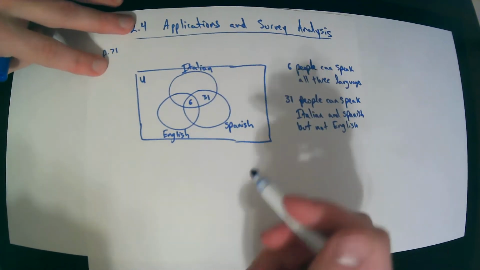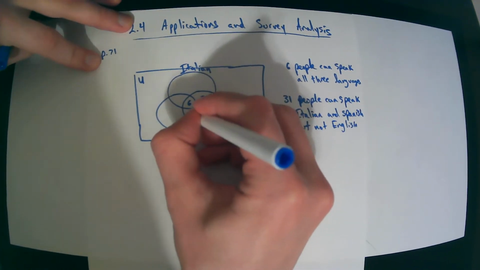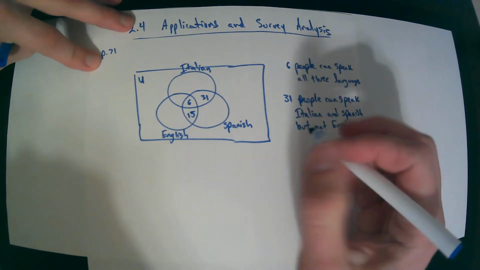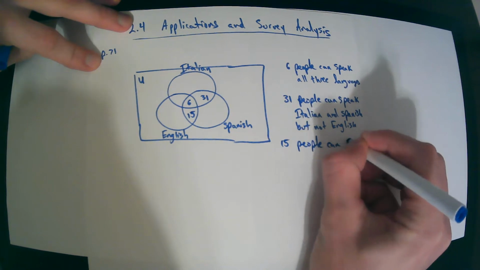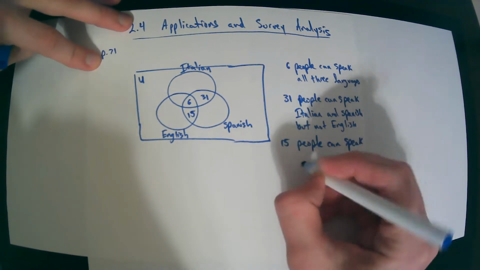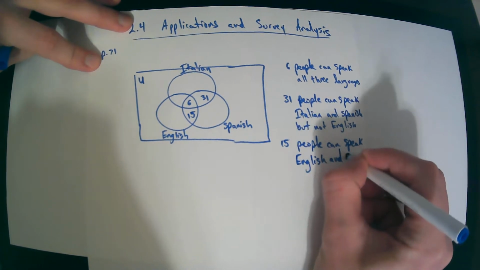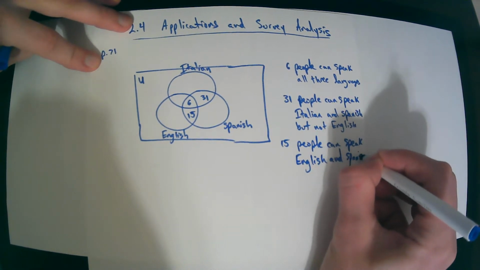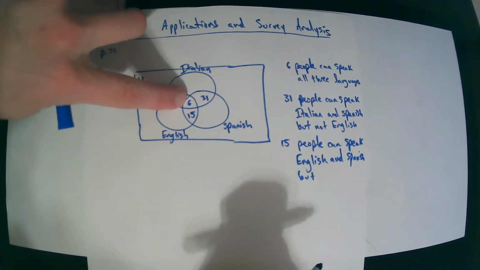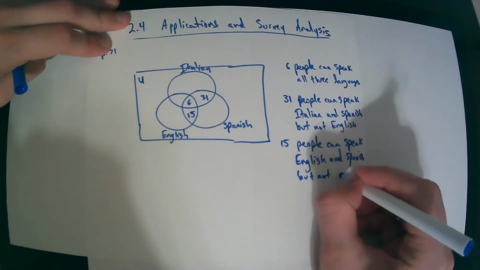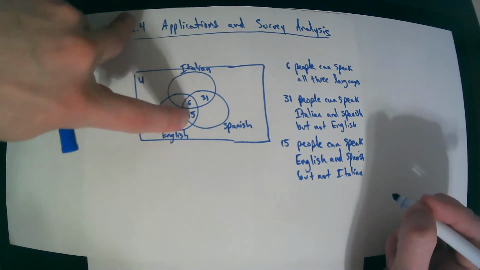Okay, that's going to be the theme for each of these spots. So down here I've got this 15 in English and Spanish, so 15 people can speak English and Spanish, but not... which circle are they not in? They're not in the Italian circle, because if they could do all three, then they would be in here, but they're out here.